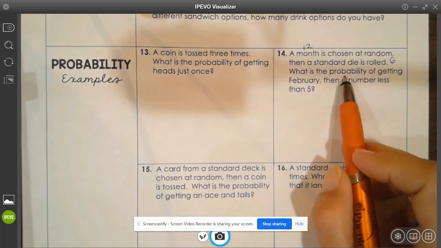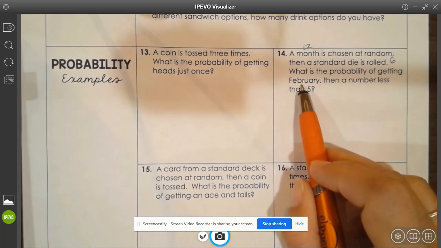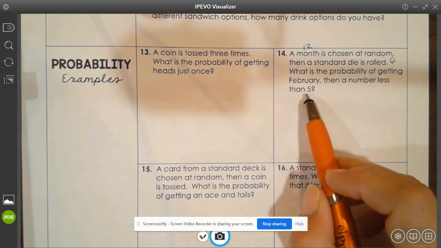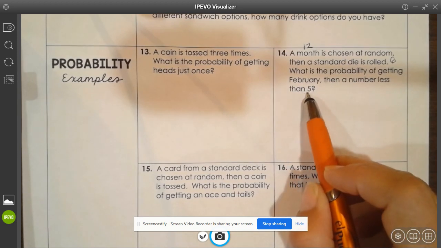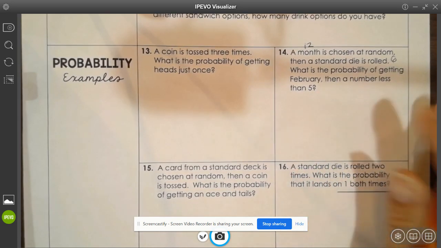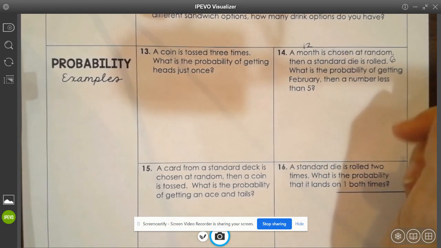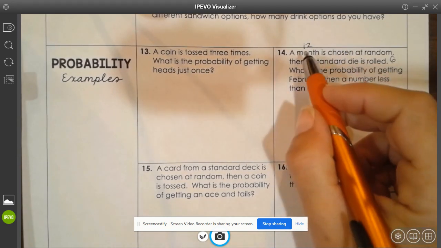So what is the probability of getting February, so 1 month, then a number less than 5? How many are there? Well, let's see. Possible outcomes are all the sides on the die and all the months.